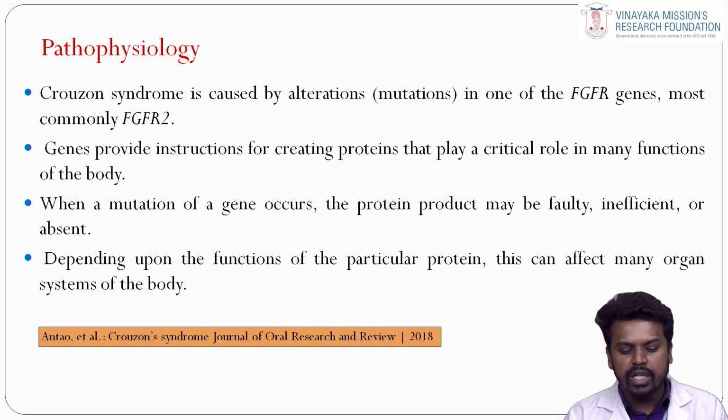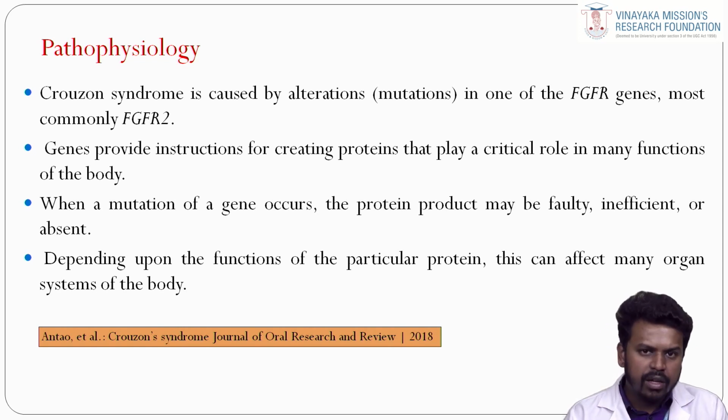When a mutation of a gene occurs, the protein product may be faulty, inefficient or absent. Depending upon the function of the particular protein, this can affect many organ systems of the body. This FGFR gene mutation affects the patient in all the sutures and different systems of the body.